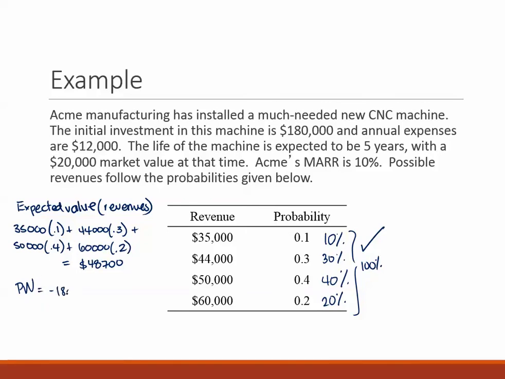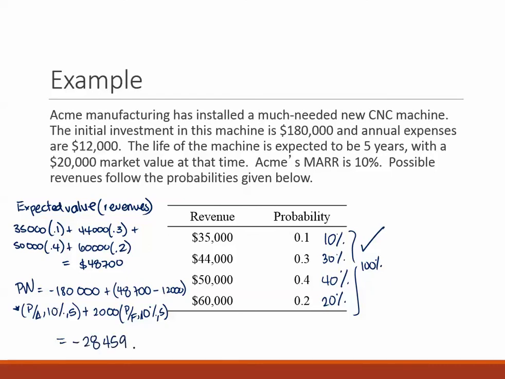This is negative 180,000 plus, my annual expenses are 12,000, and I just calculated a more representative number for my revenue, so 48,700 minus 12,000, times P given A, this number times that, not the whole thing, 10% for 5 years, plus my salvage value, which is 20,000, times P given F, 10%, 5. It gives me negative 28,459. And that is my answer. So that's not a good investment.